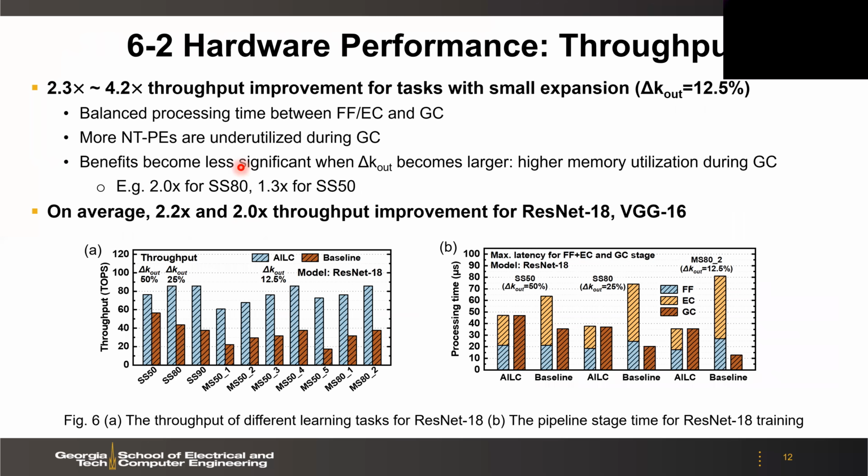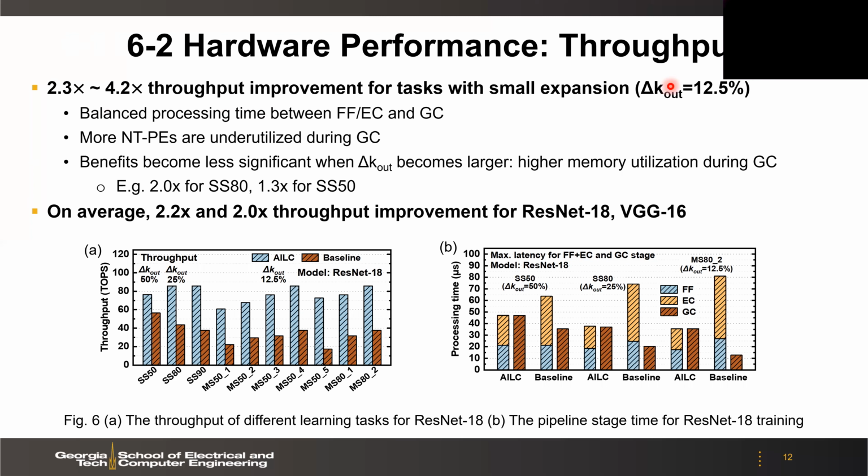To evaluate the effectiveness of the workload-aware hardware resources assignment protocol, a baseline design that only uses a transposable array for feed-forward error calculation, while non-transposable arrays are fully utilized for gradient calculation, is included for comparison. 2.3 times to 4.2 times throughput improvement is achieved for the tasks with a small expansion.